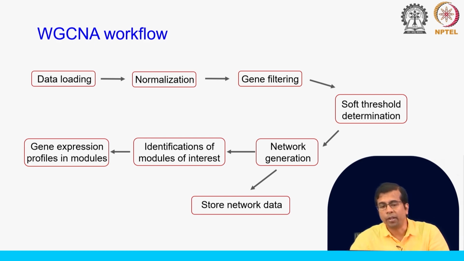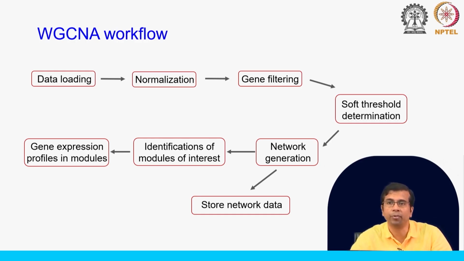The other part we can do is identify the modules of interest. This is what we will follow: we want to identify modules of interest in our data. What are the modules that show different behavior between gastric cancer and normal tissue, right? Because these modules that show different behavior are likely to contain genes that are changed in cancer.